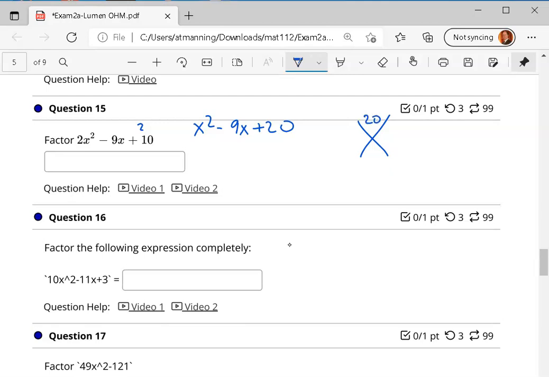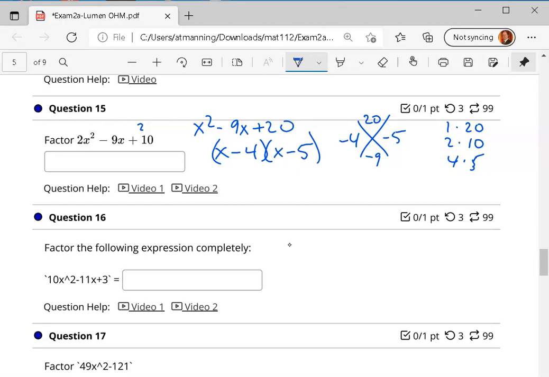Added together, they give me negative 9. Well, 20 is 1 times 20, 2 times 10, 4 times 5. Oh, 4 and 5 added give me 9. Negative 4, negative 5 added give me negative 9. So minus 4 minus 5. Okay, so I know that that will factor out to be x minus 4 times x minus 5.